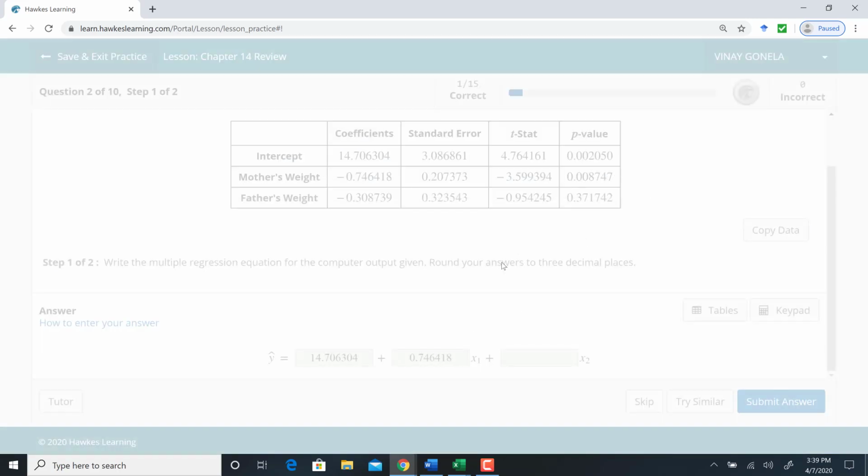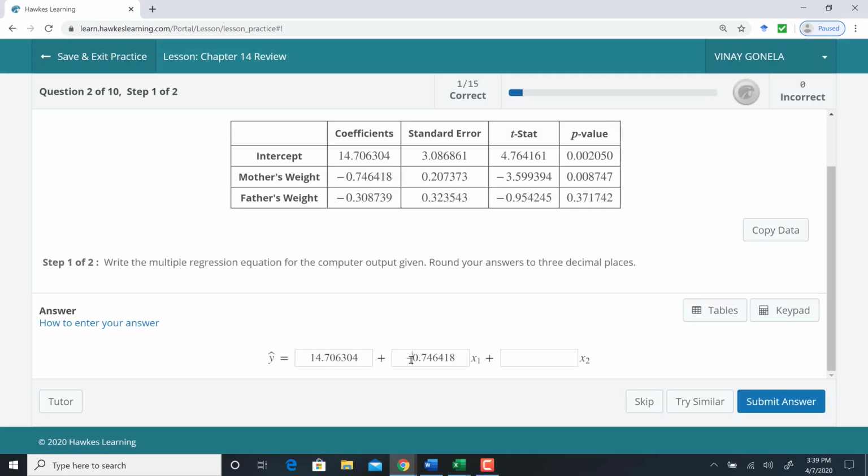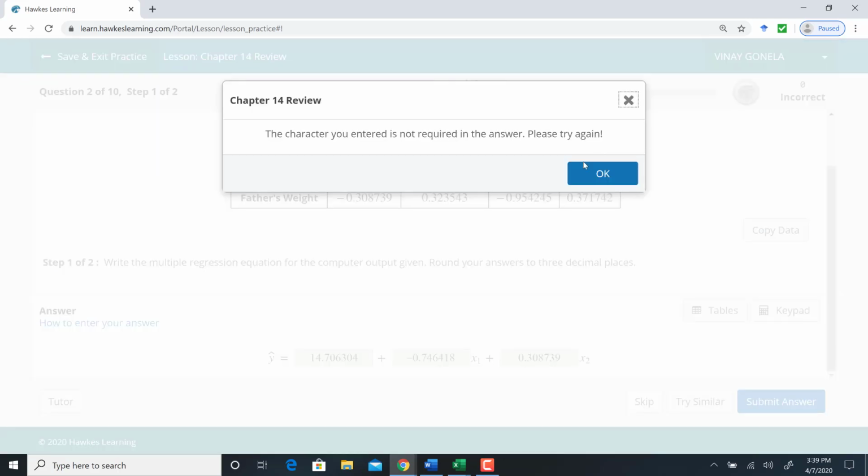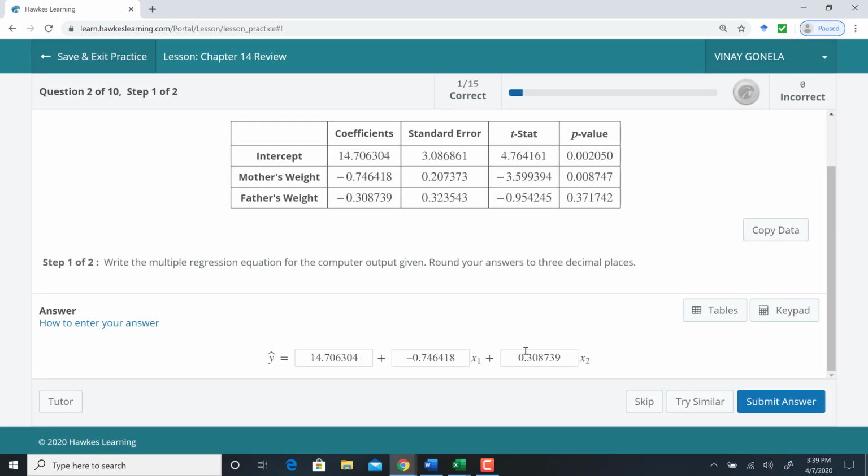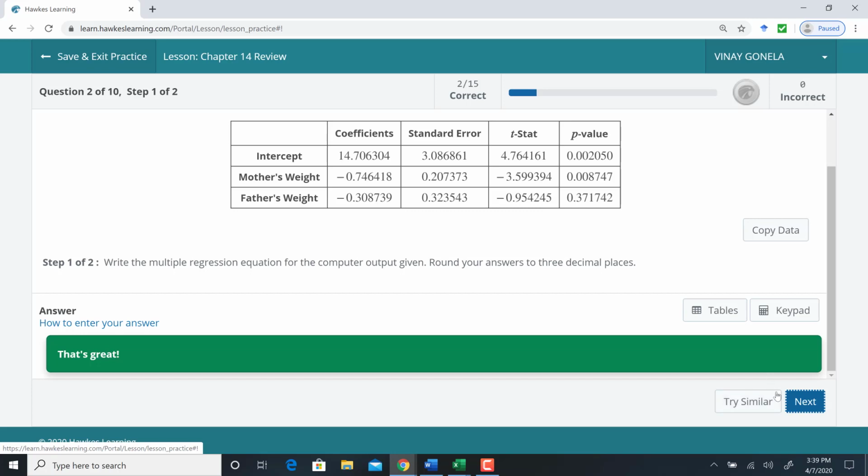So I have to put minus here. So father's weight again, it usually doesn't take when you put the value, because they are saying your character is not required in the answer, but you will put this, so that would be your answer. I will submit this.